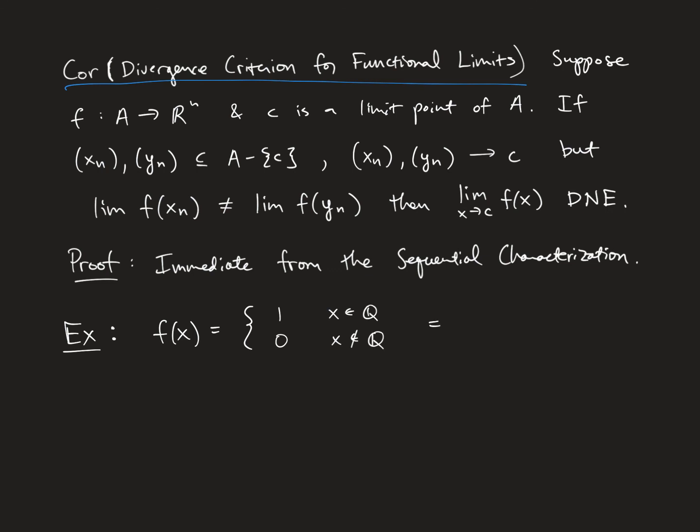So this function is called chi sub Q. This is the indicator function of Q, the rationals. So with this function, the limit as x approaches c, for any c, of f of x does not exist.